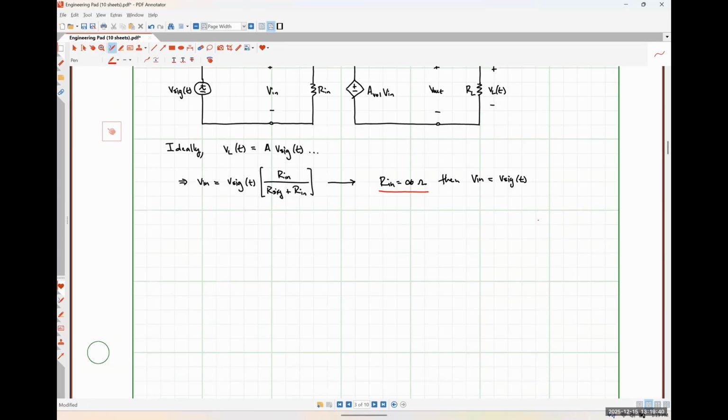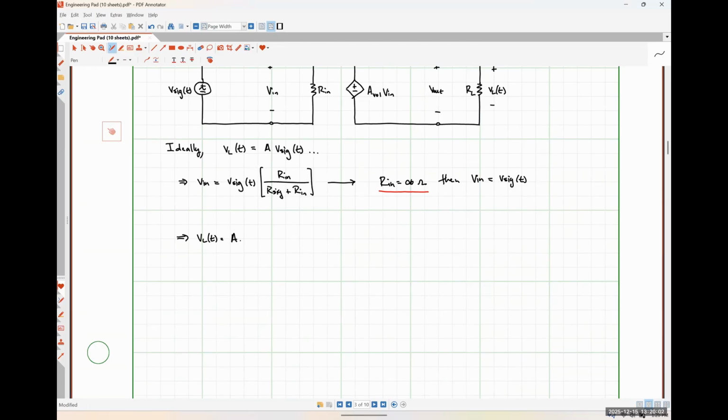Similarly, if we look on the output side, we can see that VL of t is going to be A_VOL times Vin, but we already figured out how to make Vin equal to V sig, so I'm just going to replace that with V sig.